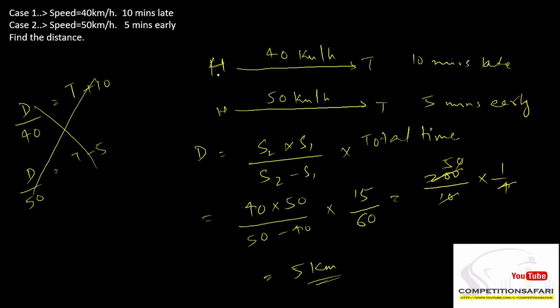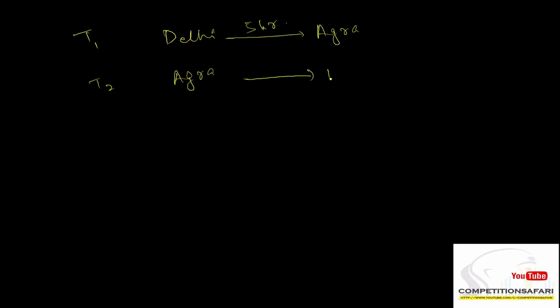Now this question especially, we have observed that it has occurred many times in SSC exams, and so is the next question that we will be discussing. So we have here train 1, which is traveling from Delhi to Agra in 5 hours, and train 2 traveling on the same route from Agra to Delhi in 6 hours.